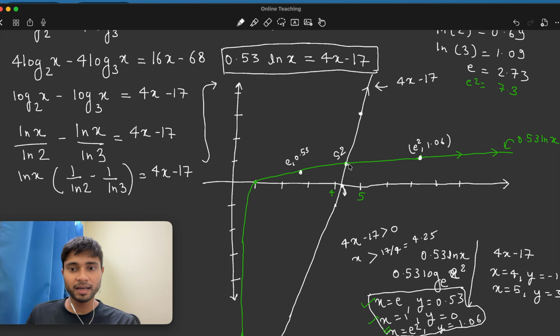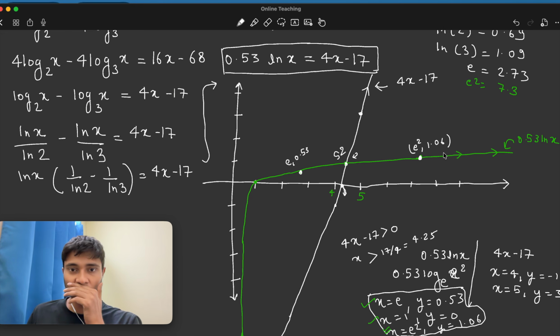So can we say the value of y here should be less than 1.06, and greater than 0.53? The y coordinate of this point should lie between 0.53 and 1.06.